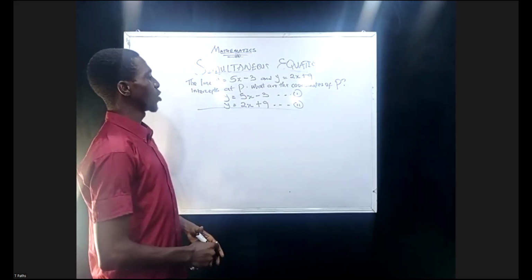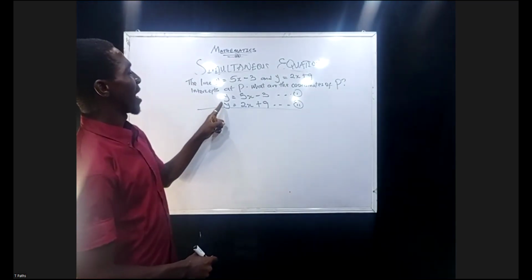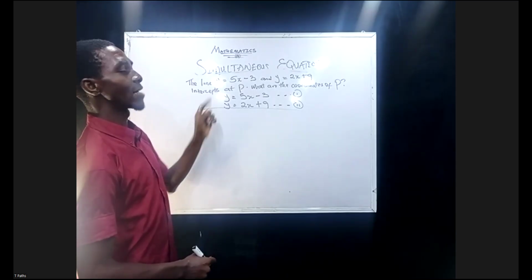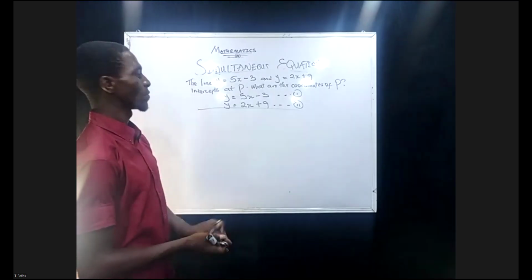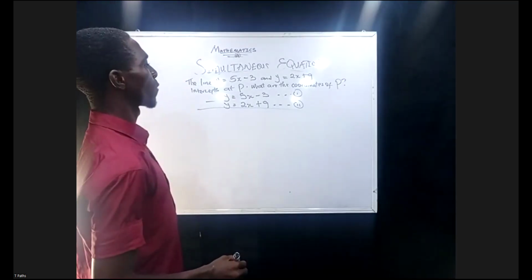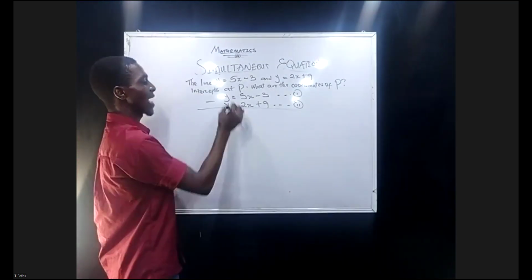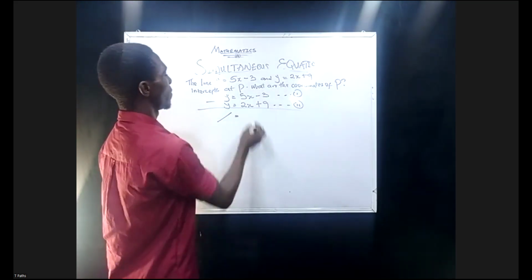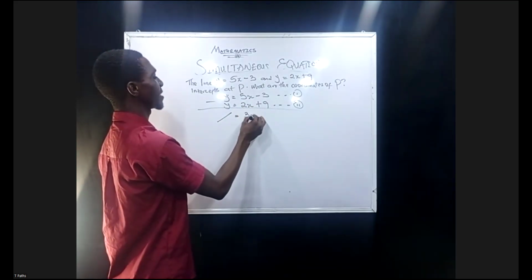Looking at our expression, we have 1y and we have 1y in the other equation. So these two y's look alike, so I can eliminate y out. I say subtract equation 2 from equation 1. So y minus y gives me 0. I'm left with 5x minus 2x, which gives me 3x.